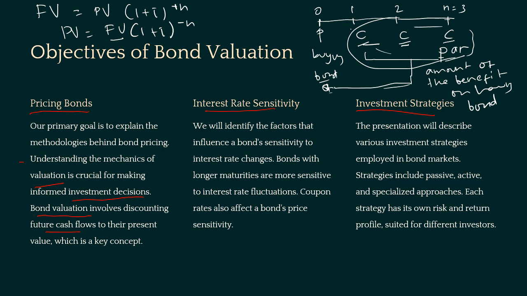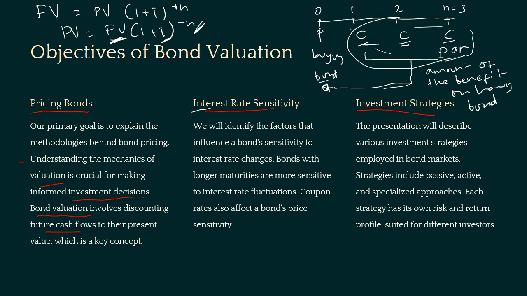Now, the variables inside this equation, beside the future cash flow, are also the interest rate and the maturity time. So that's why the next objective of bond valuation is interest rate sensitivity.